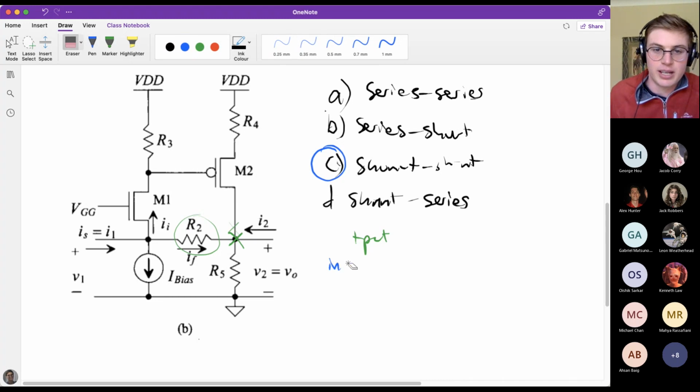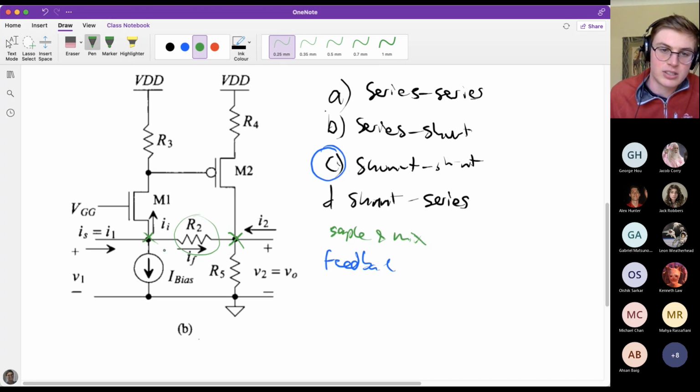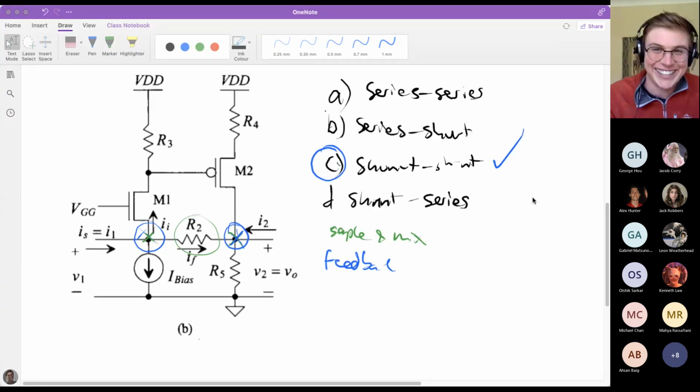A better way is to mark your feedback as blue, and then green as sample and mix. So we're sampling at this node, mixing at this node, and then the exact same nodes are where our feedback network is. So this is in parallel, this is in parallel: shunt, shunt. Perfect. Well done, everyone. So we learned something.